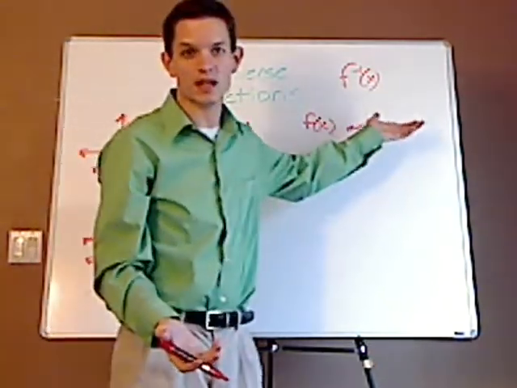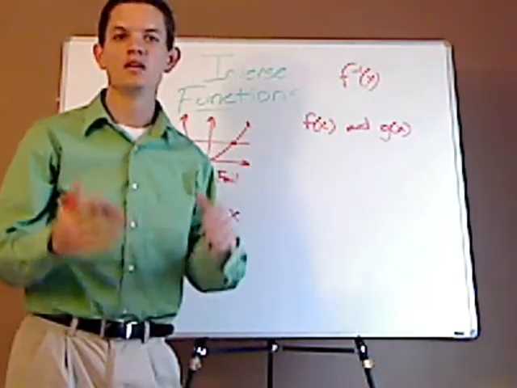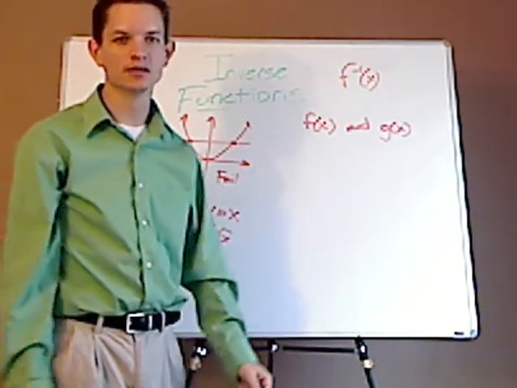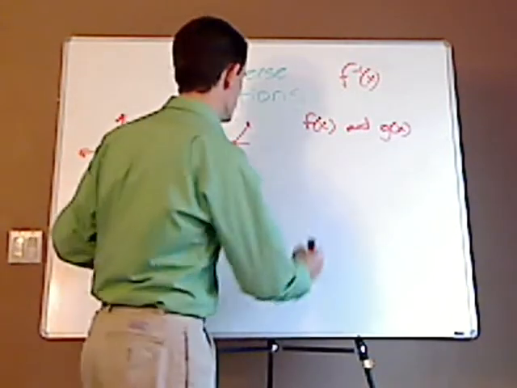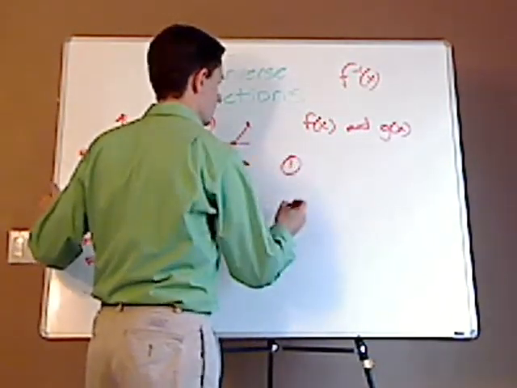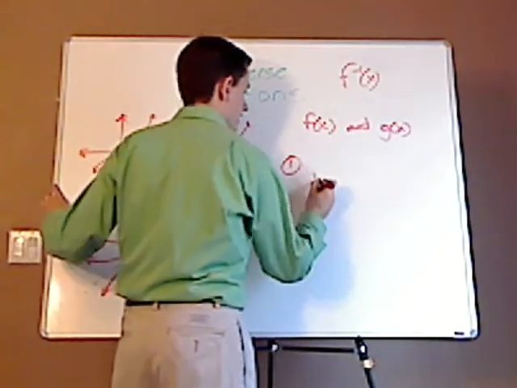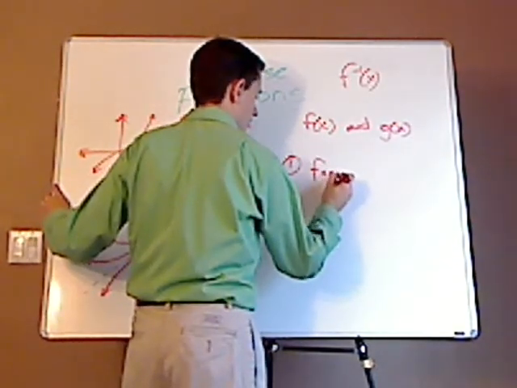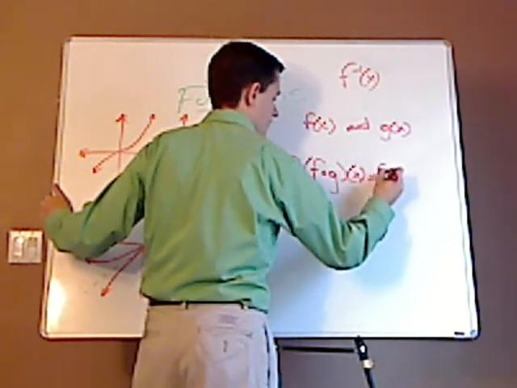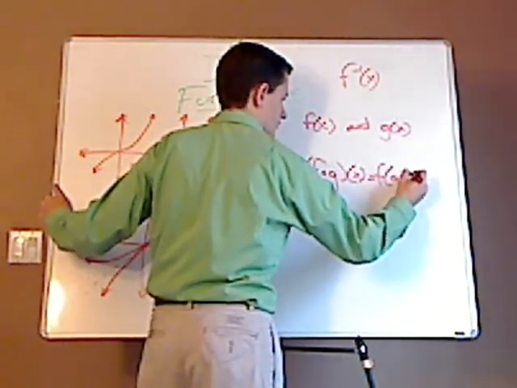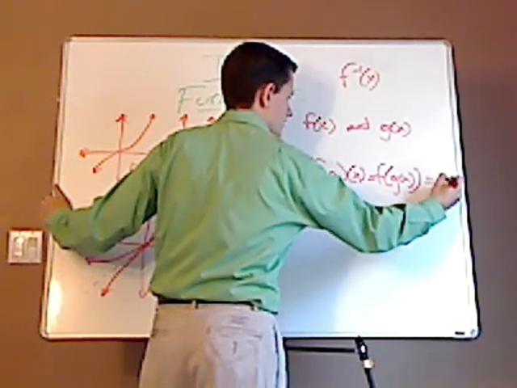Then I can give it the label, but right now I can't. When it's like this, it has to meet two criteria. First criteria is that f of g of x has to equal x.